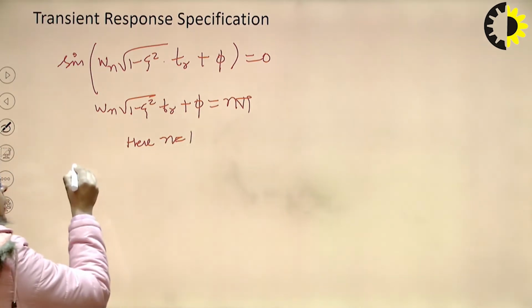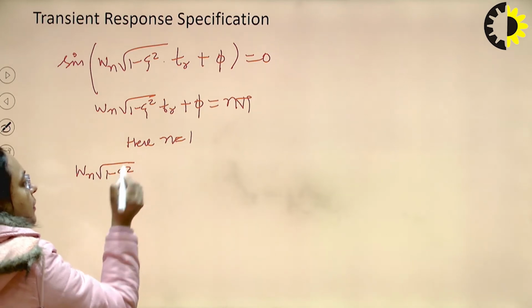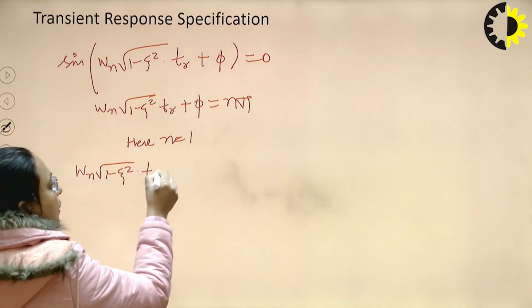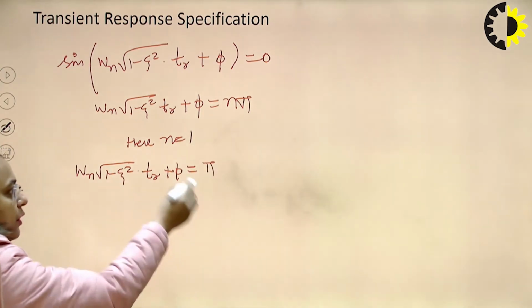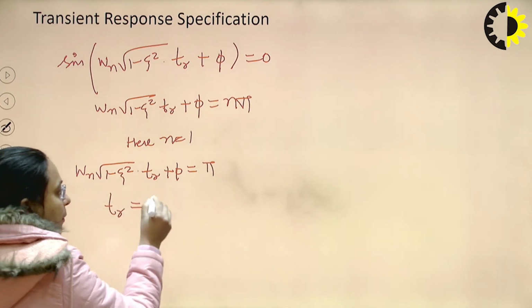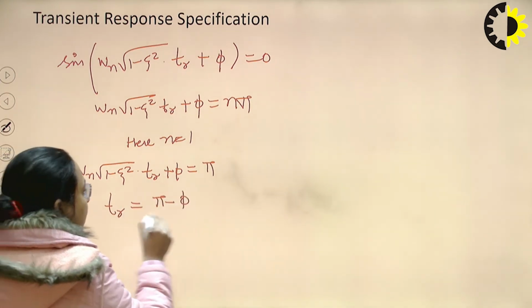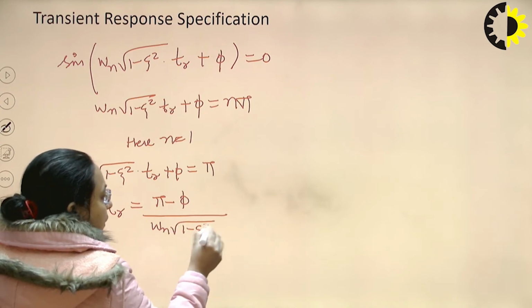So we get ωn√(1-ζ²) TR + φ = π. Now from this equation, I can find out the value of TR, which will be (π - φ) / (ωn√(1-ζ²)), right?